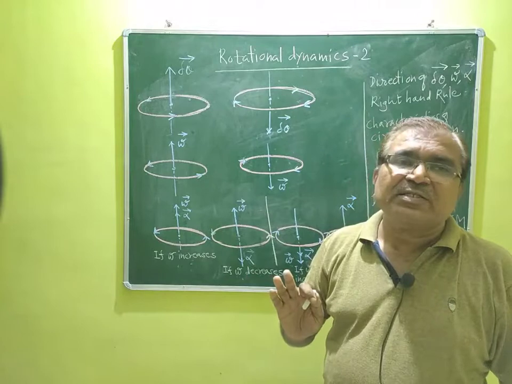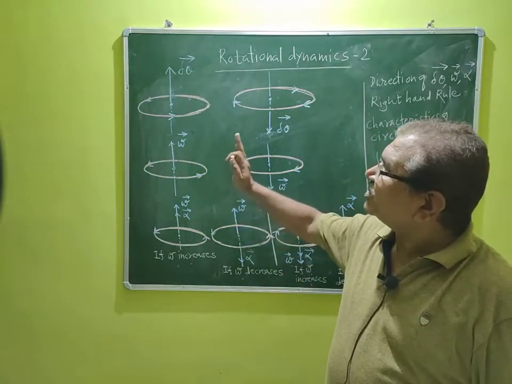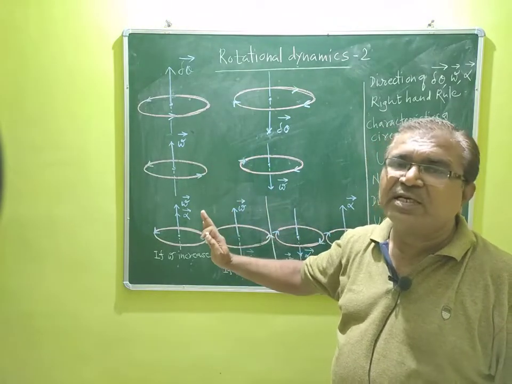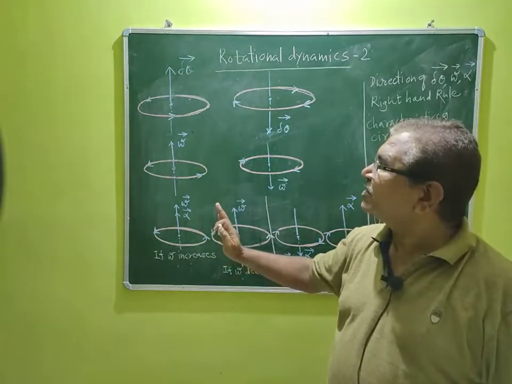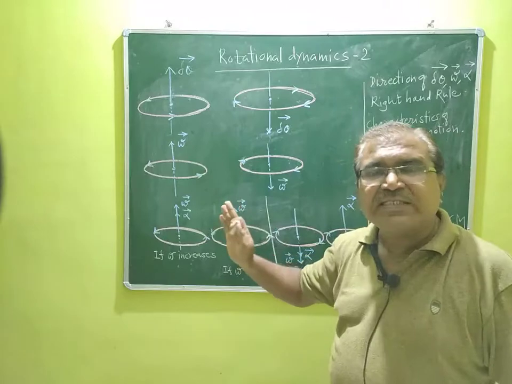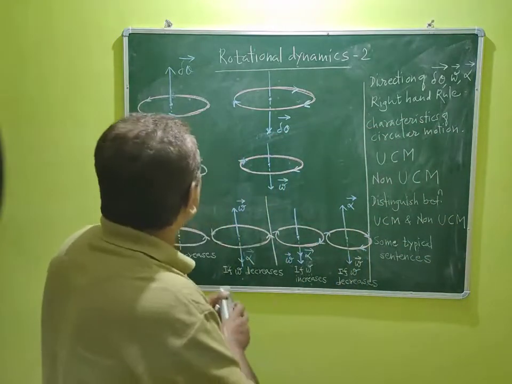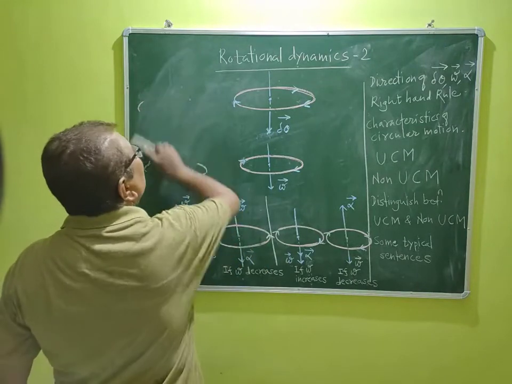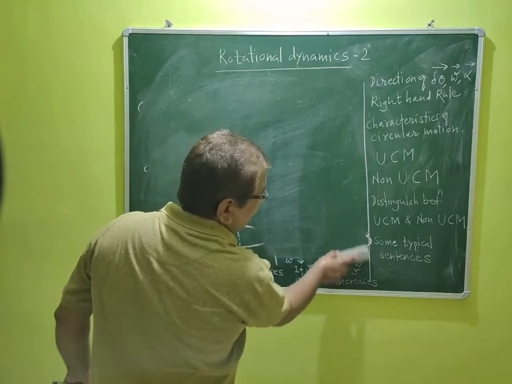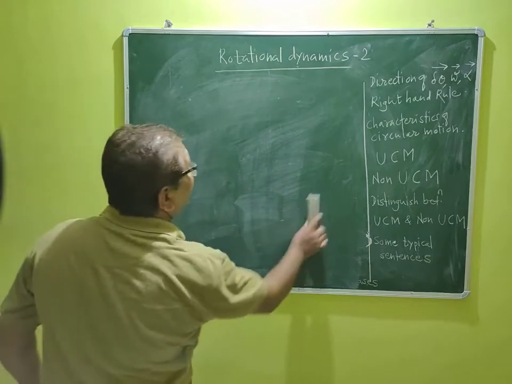Listen to the video lectures again and then draw the directions of angular displacement, angular velocity and angular acceleration, dear guys, as long as the conditions are observed. Okay, let me clean the board at first and then we'll start the next article, that is characteristics of circular motion.